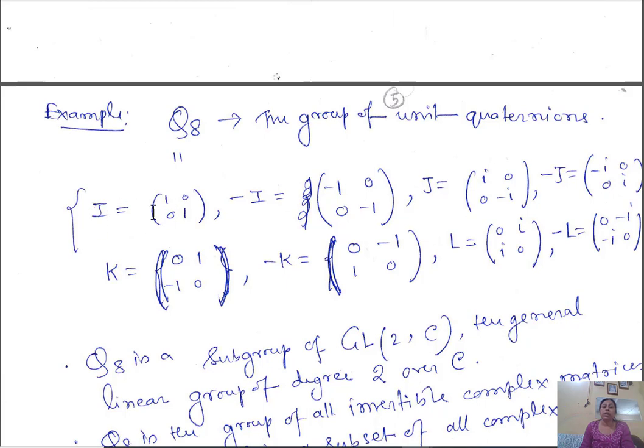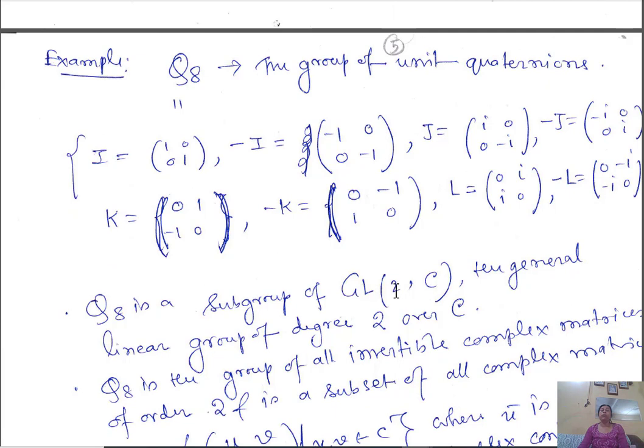So these, together with the minus of each, these 8 elements form a group, and it actually forms a subgroup of GL2 comma C. This is the general linear group of order 2 over complex numbers, the collection of all non-singular complex matrices of order 2.